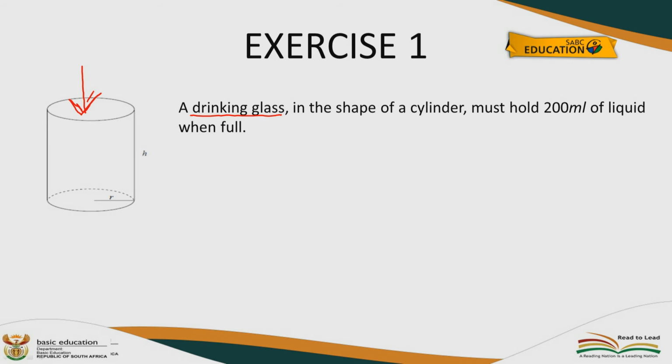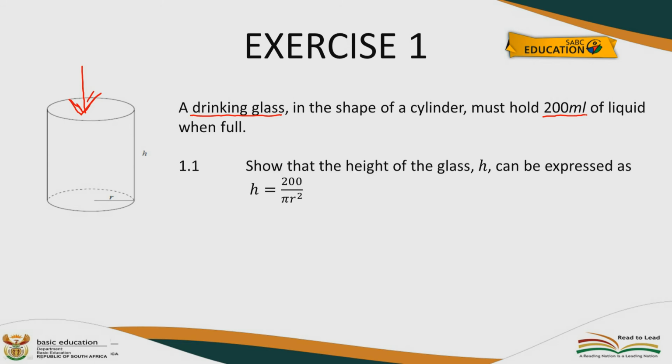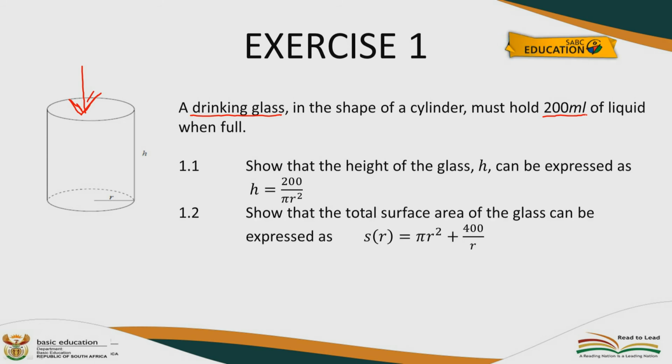All right, so we are told that this cylinder must hold 200 milliliters of liquid when full, so that is the volume of the cylinder. Now let us look at the questions. We are asked to show that the height of the glass h can be expressed as h equal 200 over pi r squared. We are also asked to show that the total surface area of the glass can be expressed as S of r equal pi r squared plus 400 over r.